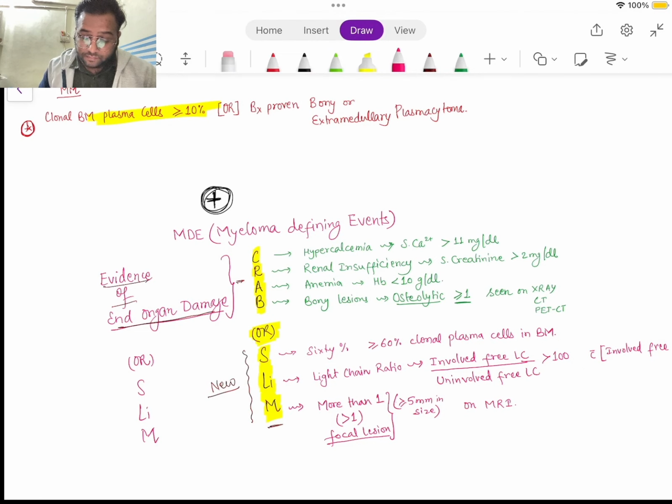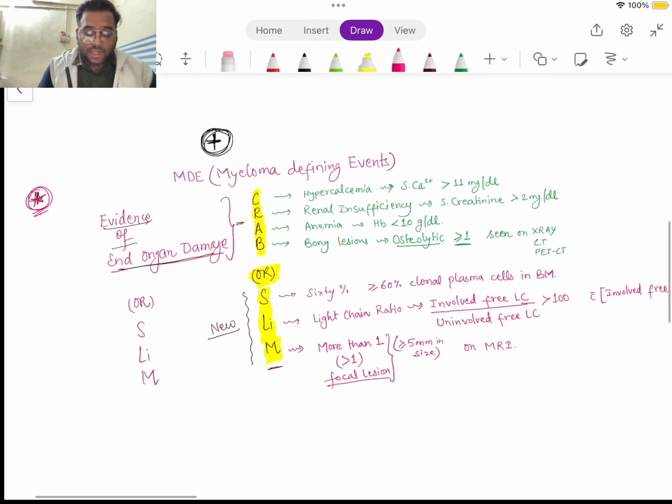So what is a must? Two things are a must, as you can see: the 2 stars, this one and this one. First, you need clonal bone marrow plasma cells more than or equal to 10%, or a biopsy proven bony plasmacytoma or extramedullary plasmacytoma. Then along with that, one myeloma defining event should be there.